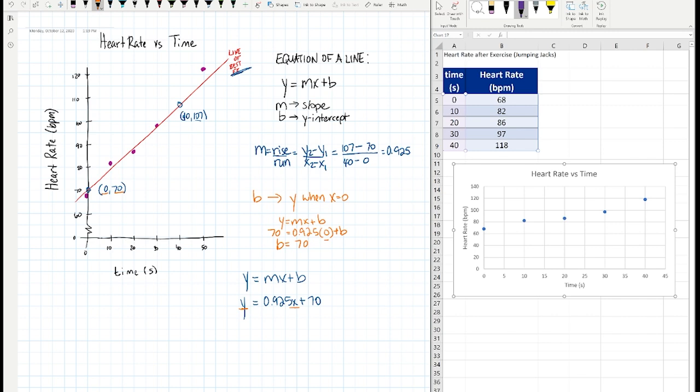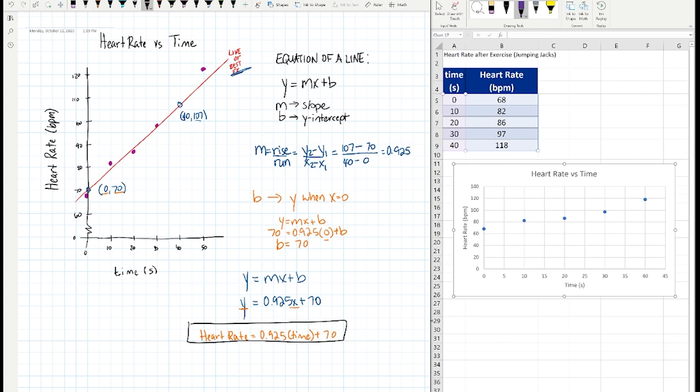So instead of y, we should say heart rate equals 0.925, and our value of x is time, plus 70. So now this would be my equation of this line that represents my data. So I have my heart rate equals 0.925 times time plus 70.